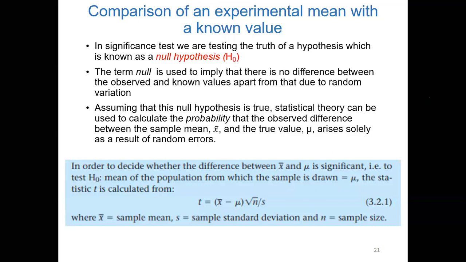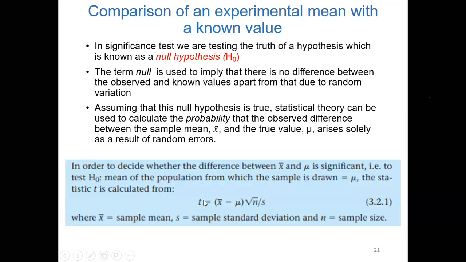So our null hypothesis is x bar equals mu, there's no big difference. Then we are testing whether it is correct or not. That is what we are doing in the t-test.